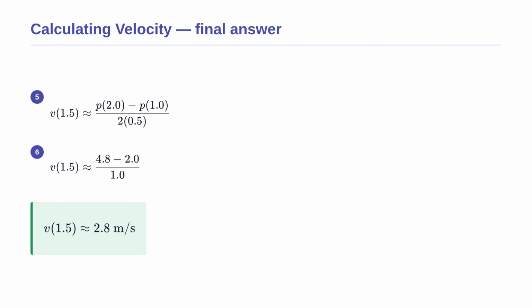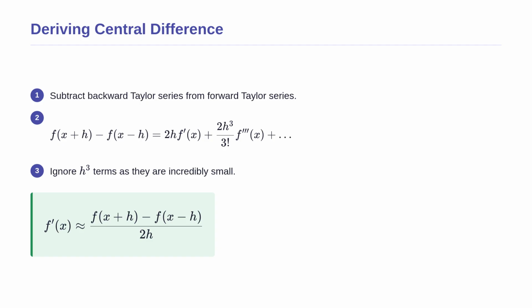The denominator becomes 1.0 because 2 times 0.5 is 1. Performing the final subtraction and division, we get a result of 2.8. Physically, this means that at exactly 1.5 seconds, the robot was traveling at a velocity of approximately 2.8 meters per second. Now that we have successfully used this formula, let us understand where it comes from.